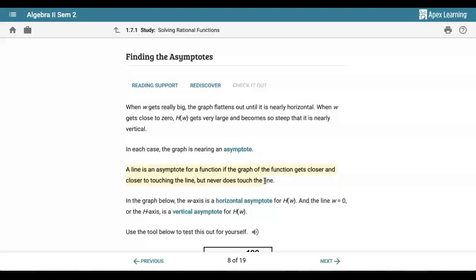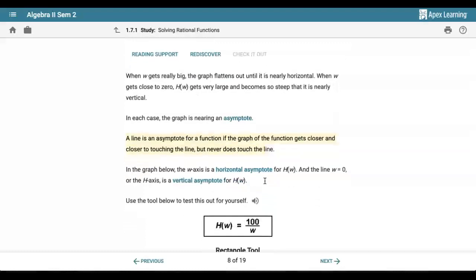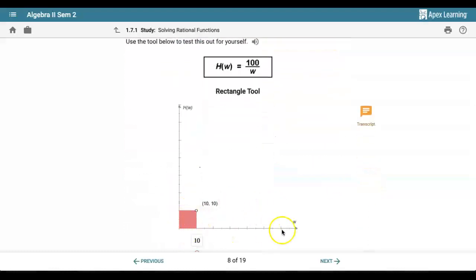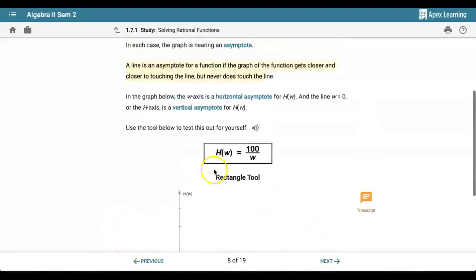It's really, really close, but it never touches. We can have a horizontal asymptote and a vertical asymptote. Our horizontal would be a horizontal line, the line of w equals whatever. Right now, our horizontal asymptote, the value it's approaching but not going to touch, is 0.